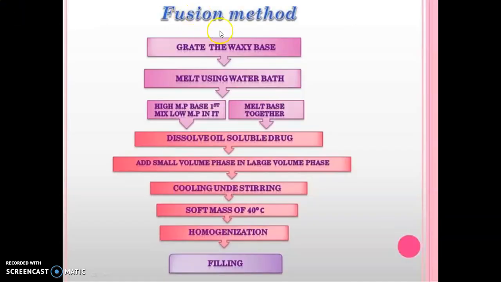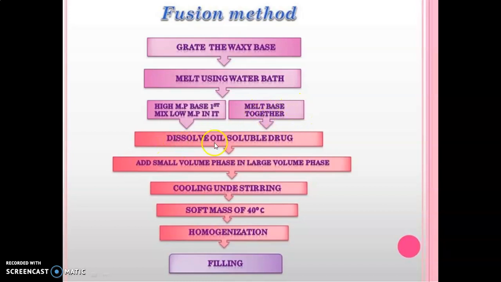Then the fusion method flow chart. The waxy base is melted using a water bath. Then the high melting point base is first melted, the low melting point is mixed in it, then melt the bases together.